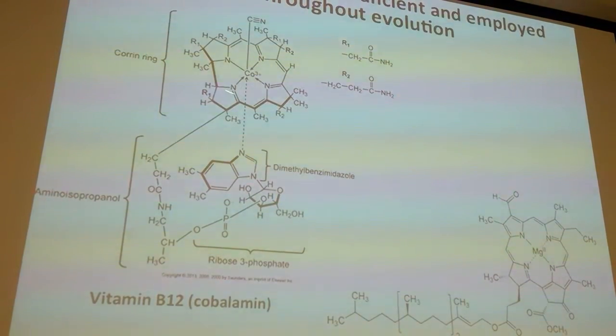And this is vitamin B12, which we'll discuss on Wednesday, also known as cobalamin, using a porphyrin ring to coordinate cobalt. So this type of porphyrin ring structure is really prevalent throughout various organisms to coordinate things like cobalt, magnesium, or iron, and utilize this for different enzymatic reactions.